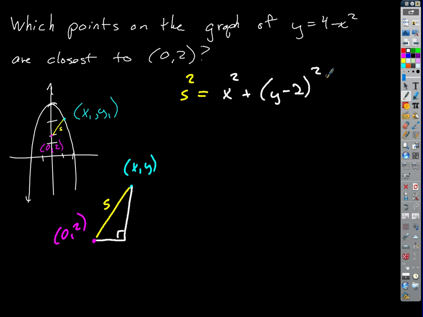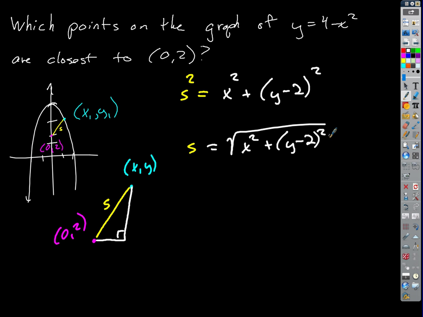Now, I could write this as a distance formula and take the square root of both sides if I want to. But if all we're looking for is the values of x and y that minimize distance, do I ever really need to know what that distance is? I really don't.